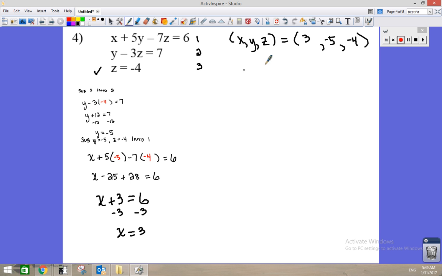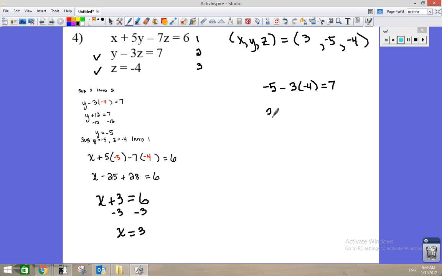Alright, so if we take y, which is negative 5, minus 3 times z, which is negative 4, this is 12, and 12 minus 5 is 7. So the second equation checks.